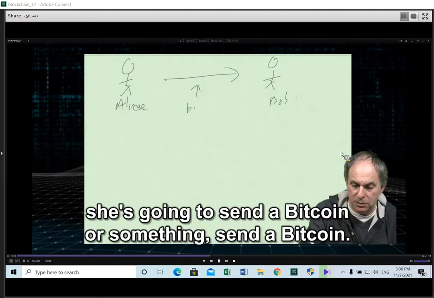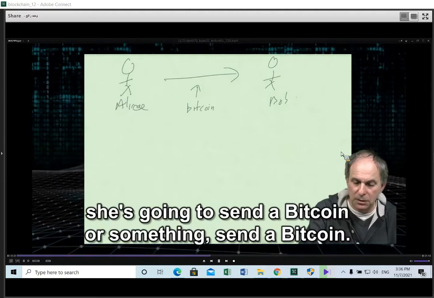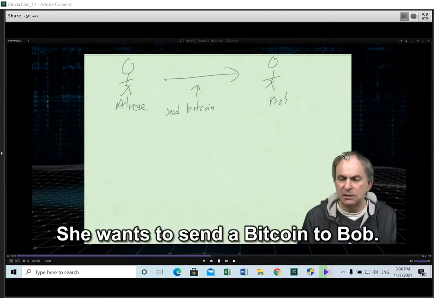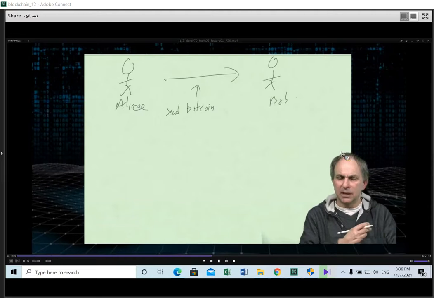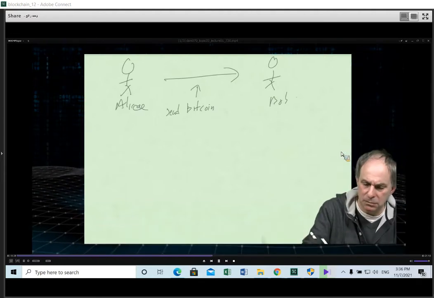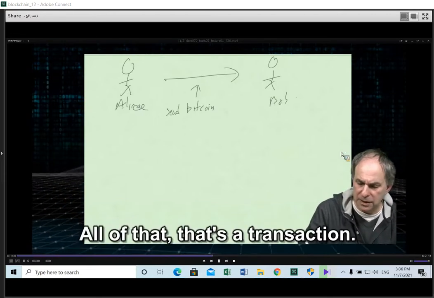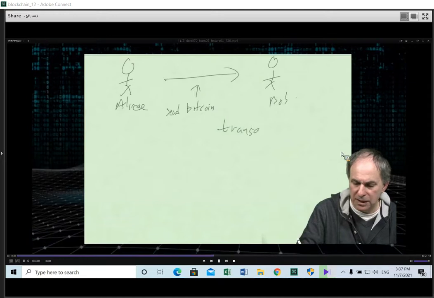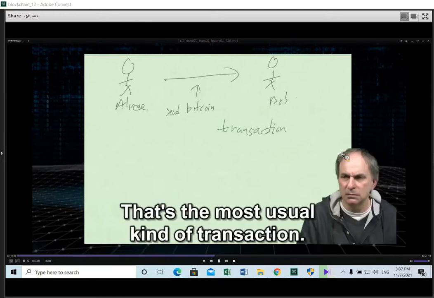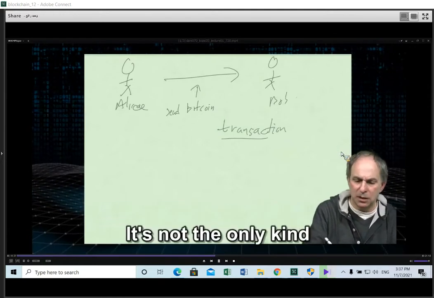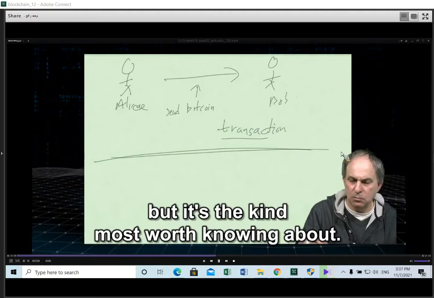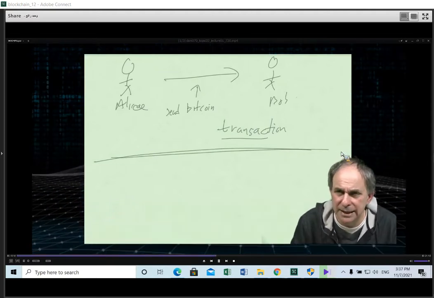She wants to send a Bitcoin to Bob. That's a transaction, and it's the most usual kind of transaction. It's not the only kind, but it's the kind most worth knowing about.